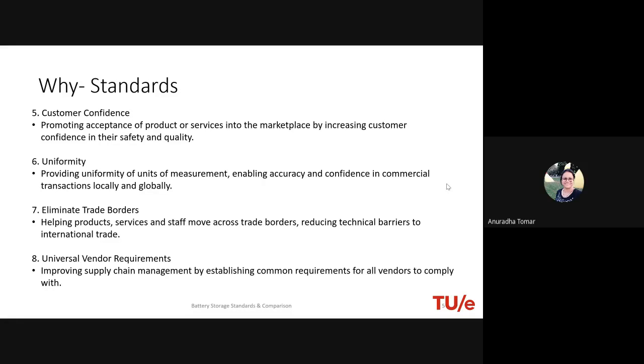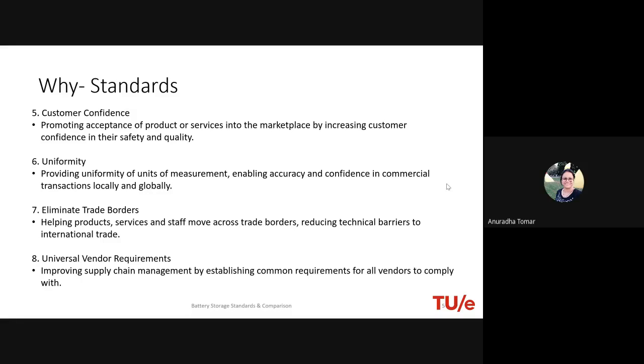So this increases the customer's confidence that if a certain product is designed or developed as per a particular standard, then definitely that product has the specification, the quality level, and the safety level as per that standard.